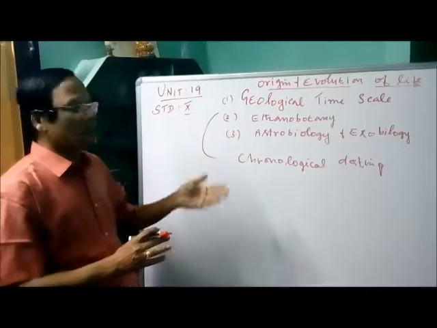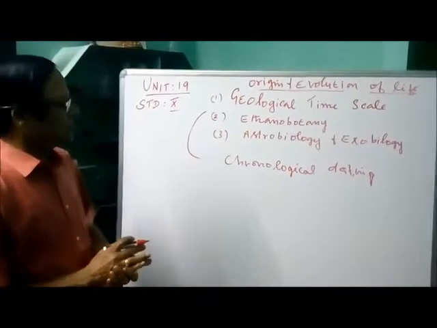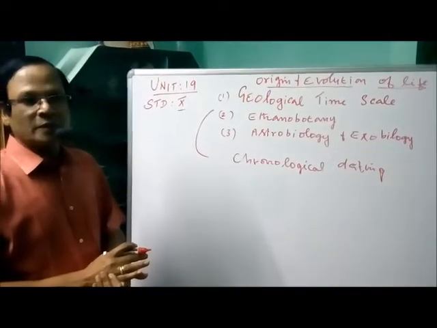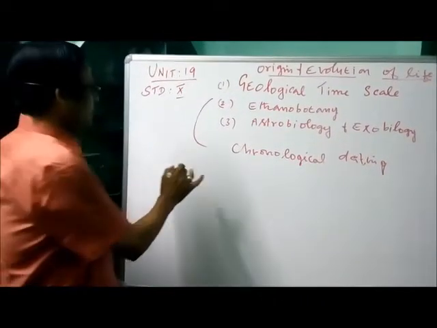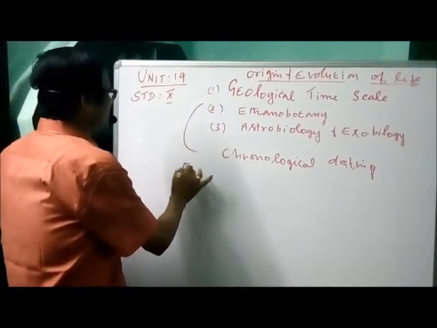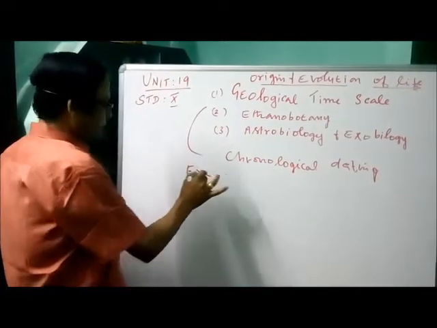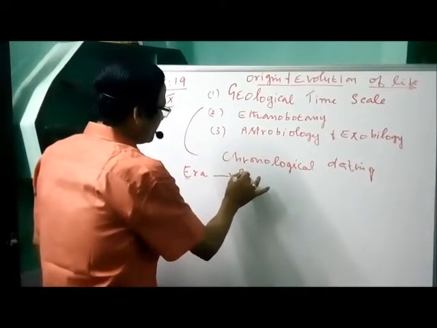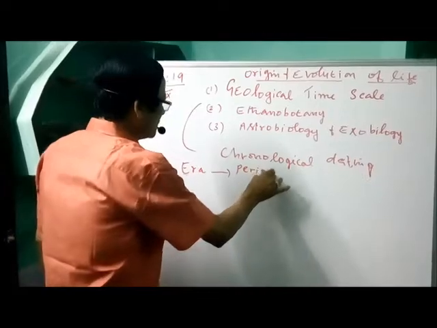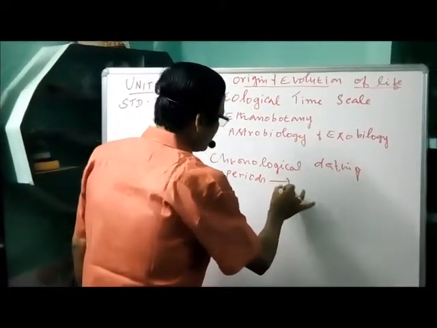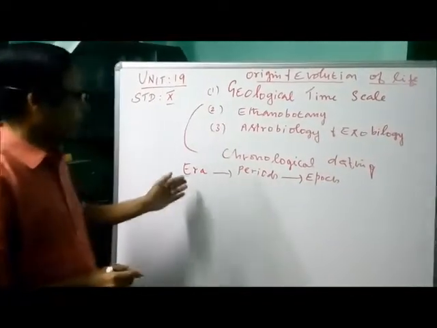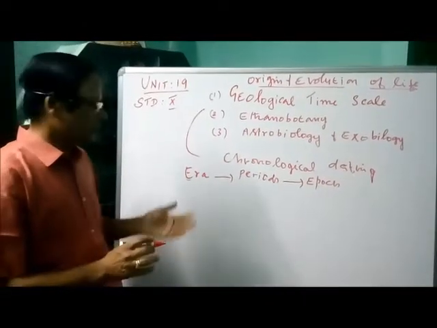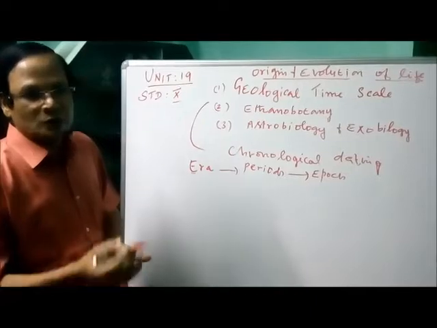That's about geological time scale, and accordingly the entire period of Earth is divided into many eras. So this is a hierarchy of geological time scale. One era is divided into many periods, and each period is divided into epochs. For example, we have Paleozoic era, Cenozoic era, Mesozoic era.